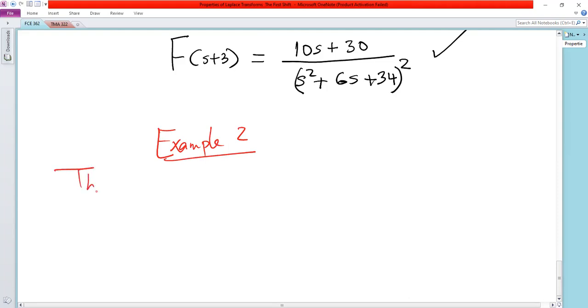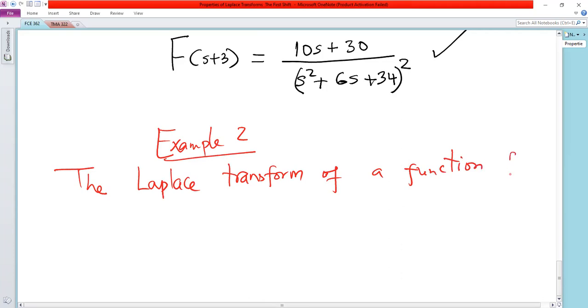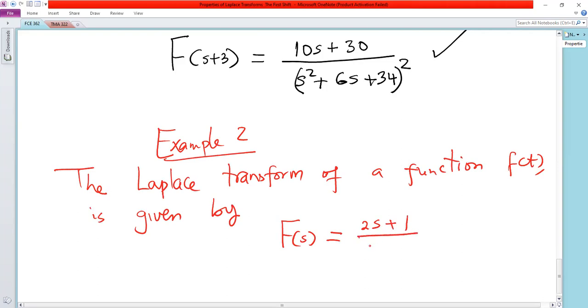The Laplace transform of a function f of t is given by capital F of s equals 2s plus 1 divided by s into s plus 1.